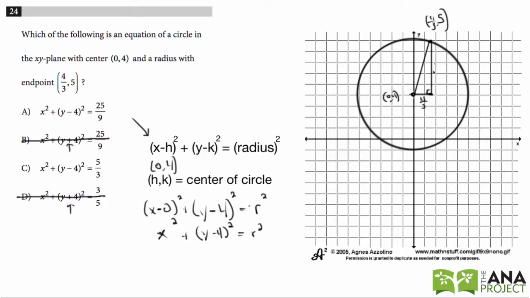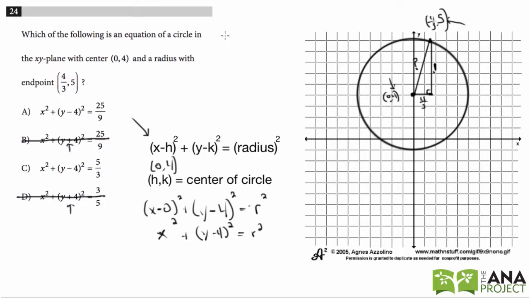We're going up 4 here, and then from here we're going up 5 to this point. So if this is up 4, as we can see by this coordinate, and this is up 5, as we can see by the y-coordinate here, this side of the right triangle would be 1. Now all we have to do is find the radius, which is the hypotenuse of the right triangle.